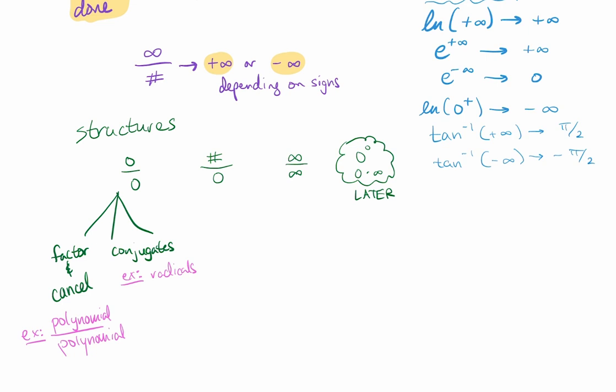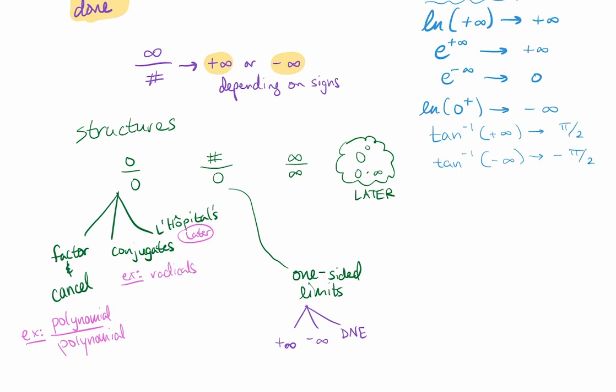The third technique comes later in the semester in most classes, and I'll make a separate video on that. You need this method called L'Hopital's. If you see a number divided by 0, then you're going to do one-sided limits, and the final result is going to be either plus infinity, minus infinity, or does not exist.